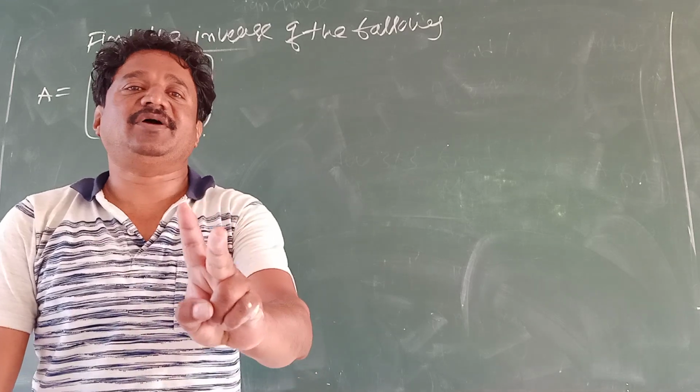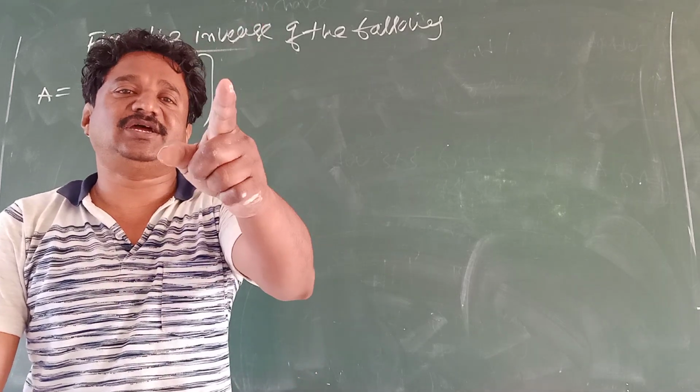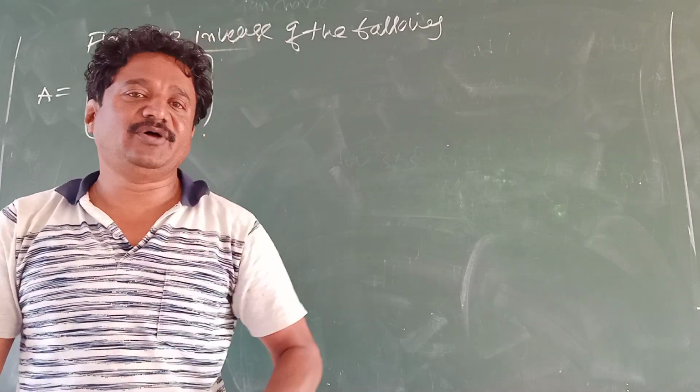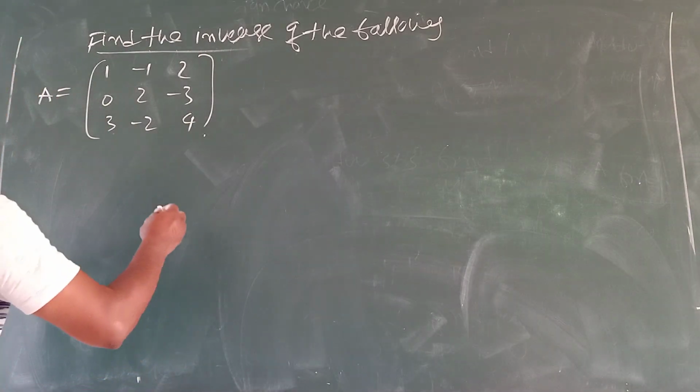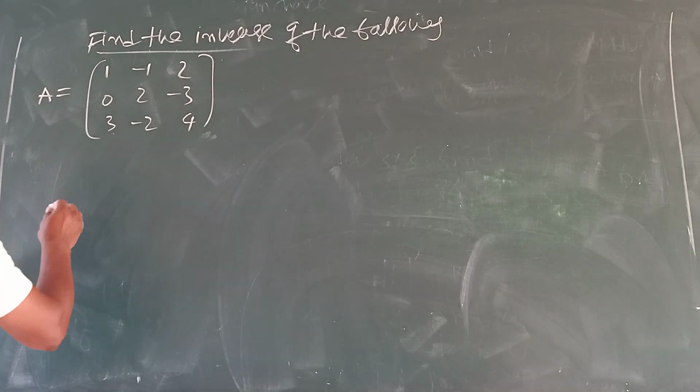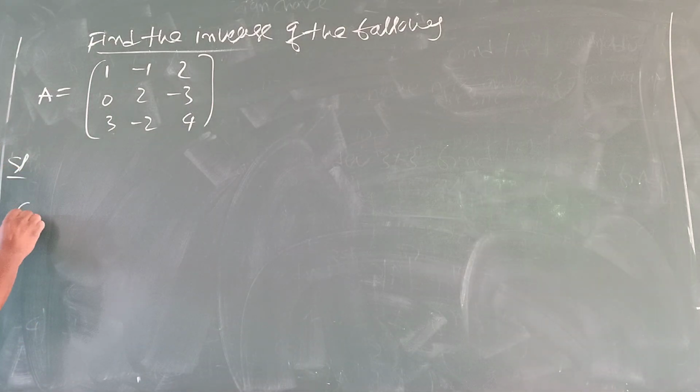So two things are required to get the inverse. One is adjoint, the other one is det A. Let's go for finding adjoint and det A, students. Adjoint A. Solution.